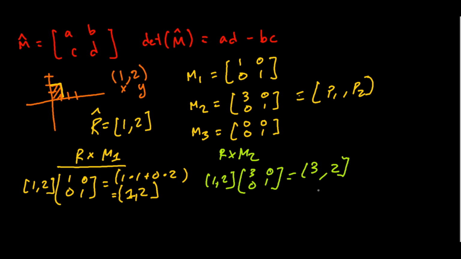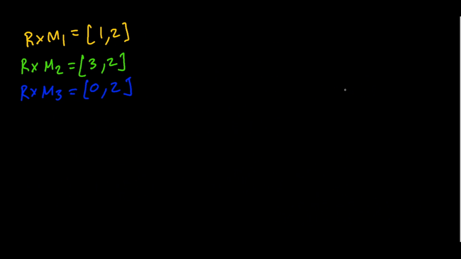Now our last operation will be R times M3, which is going to be the same point, 1, 2, times 0, 0, 0, 1. And this comes out to 0, 2.